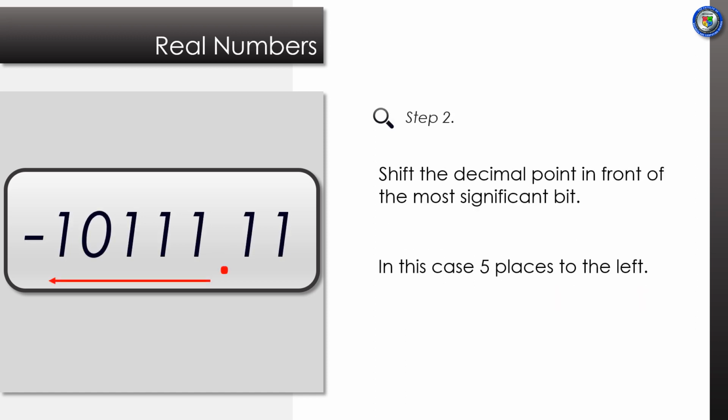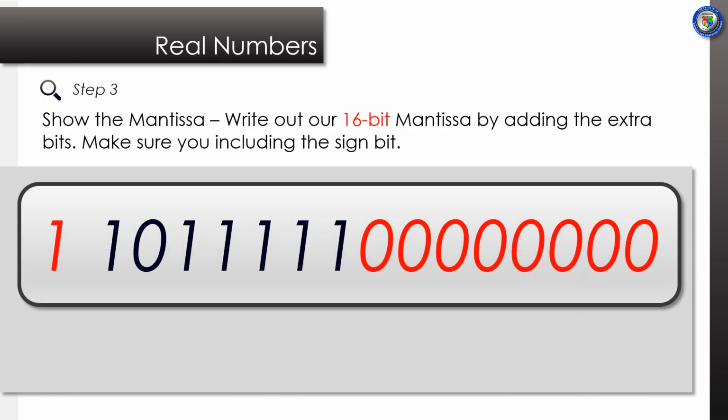In step 2, we will shift the decimal point in front of the most significant bit. In this case, 5 places to the left. This gives us an exponent of 5. In step 3, we will show our entire mantissa, writing out all 16 bits.